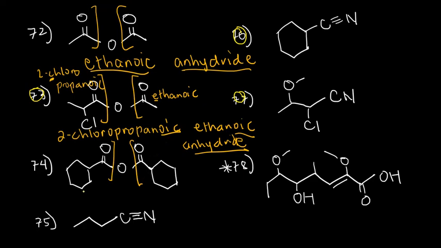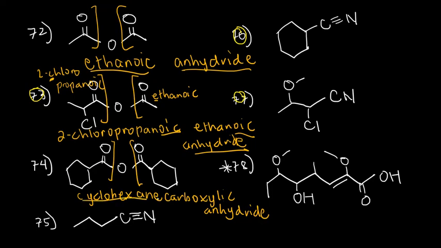So for example, I have here cyclohexane. So you just write cyclo, hex, and then retain the suffix "ane", and then on top of that, add the suffix carboxylic anhydride. So from oic, it becomes carboxylic. And remember that this is symmetrical, so this long word already accounts for this and this.